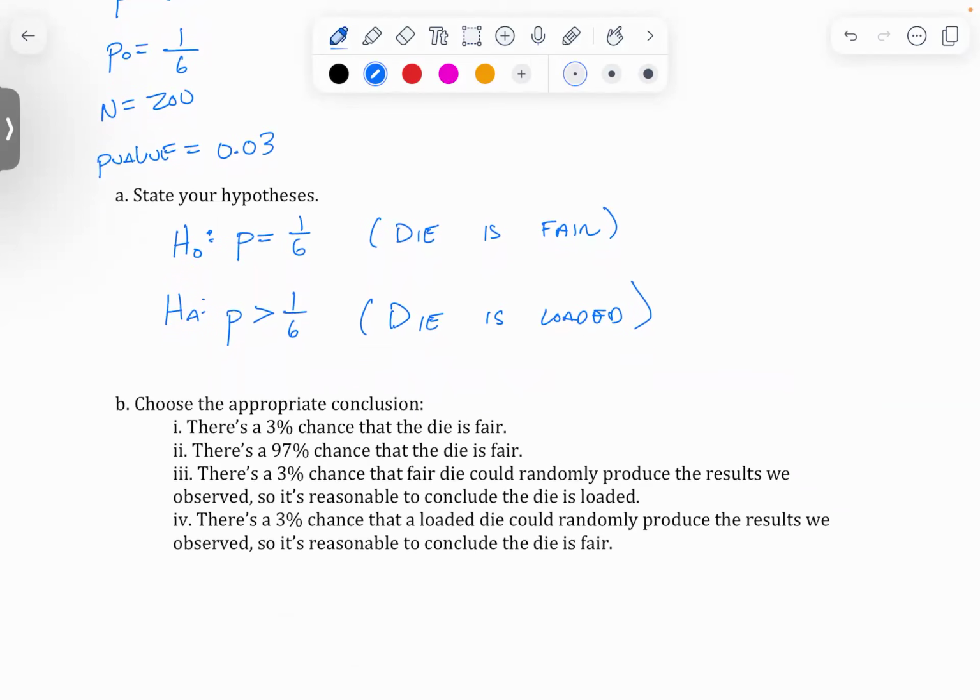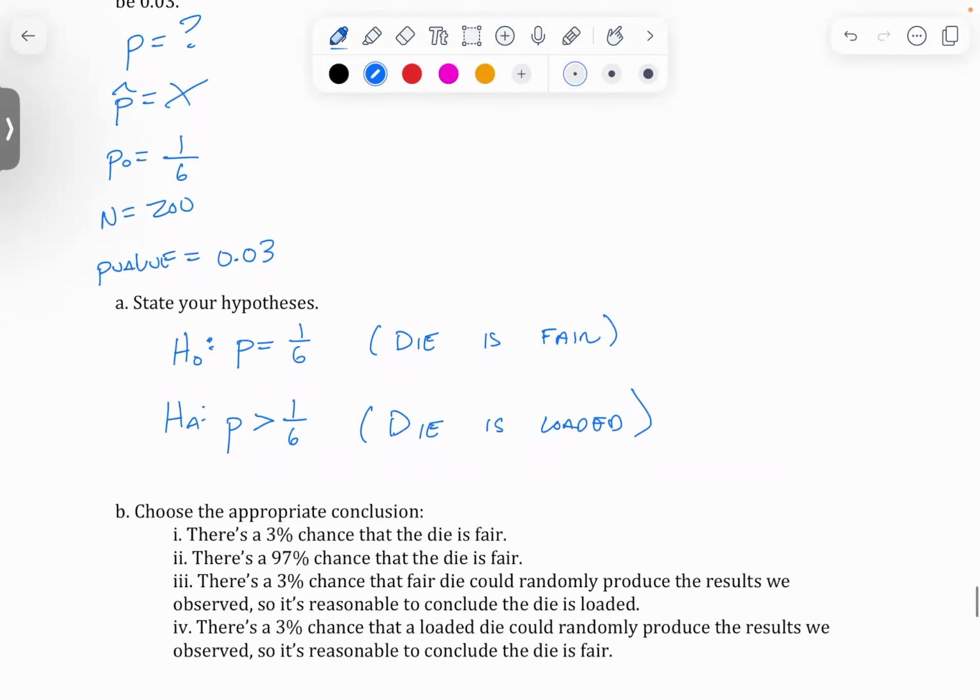Then I could choose an appropriate conclusion. All right, so notice I have a p-value of 0.03, right? That's low. So hence I would reject H0, and then I would claim that it appears the die is loaded.